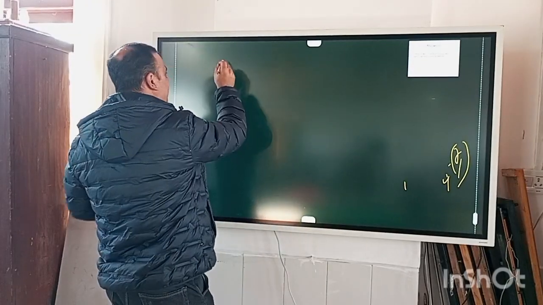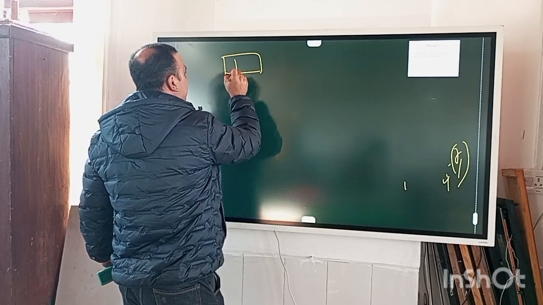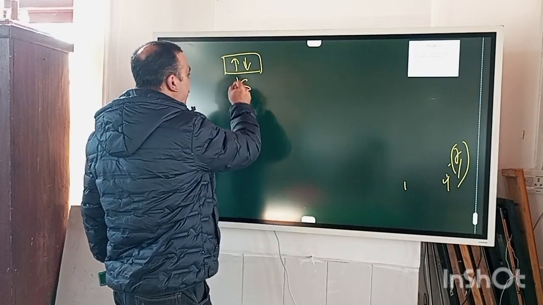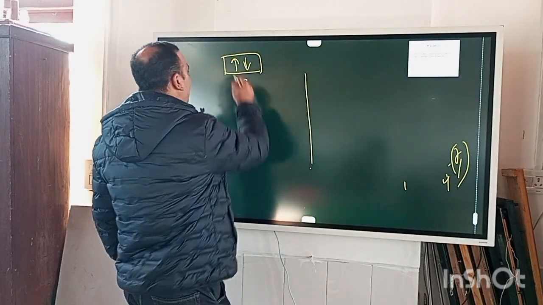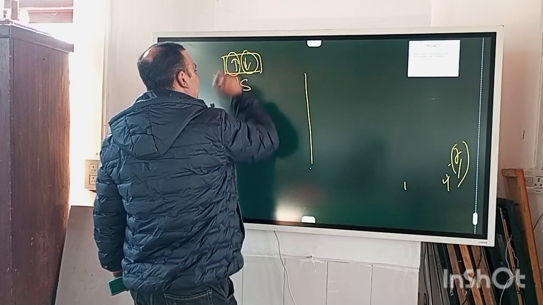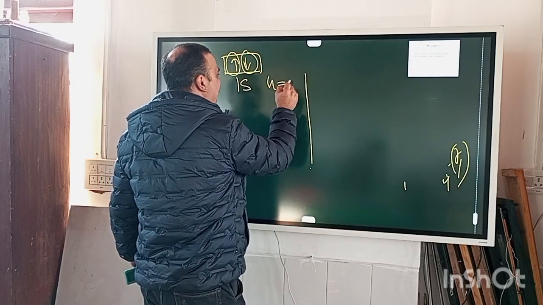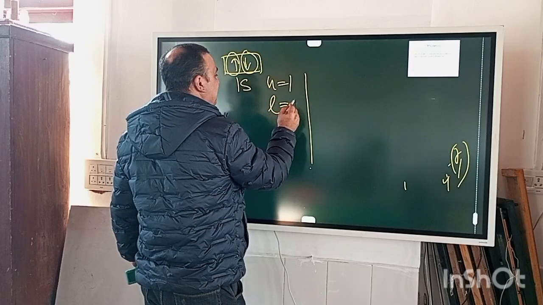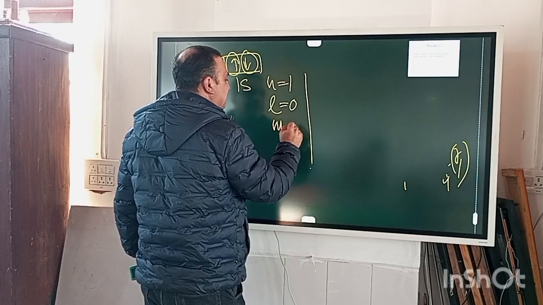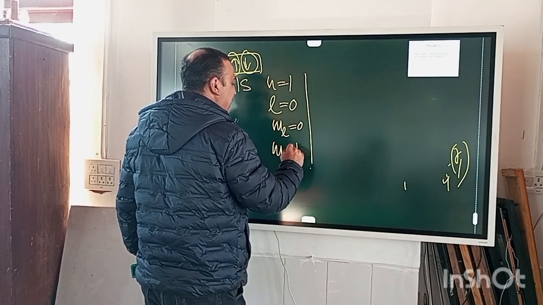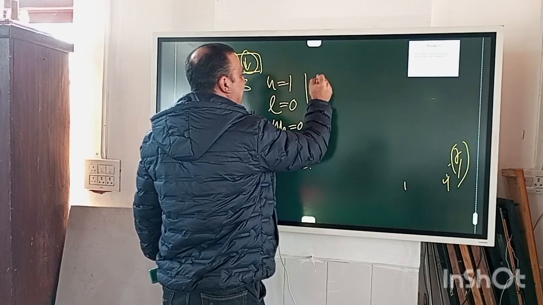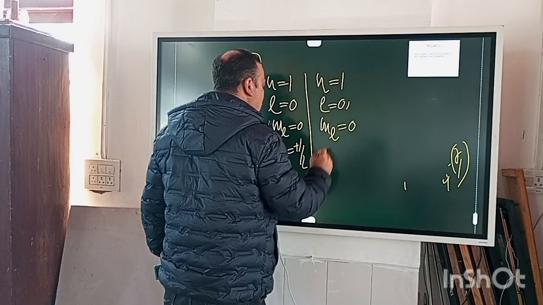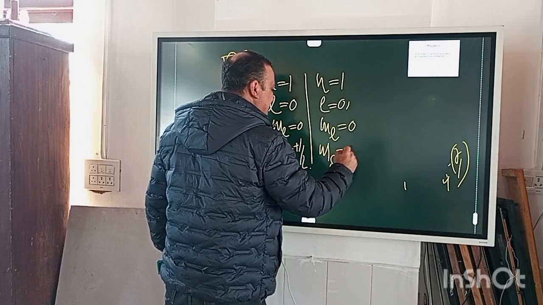If we have an atom, say for example, with two electrons, say this is the 1s orbital of any atom. For this electron and for this electron, n is equal to 1, say, and for this orbital, L is equal to 0. So if L is 0, ML is 0, and MS has to be plus half. And for this particle, n is 1, L is 0, ML is 0, and MS is minus half.